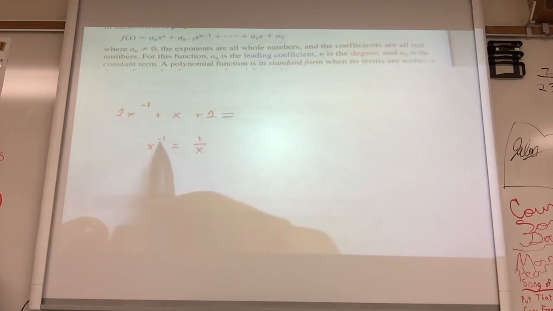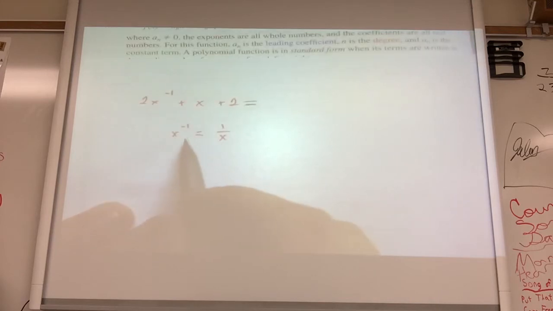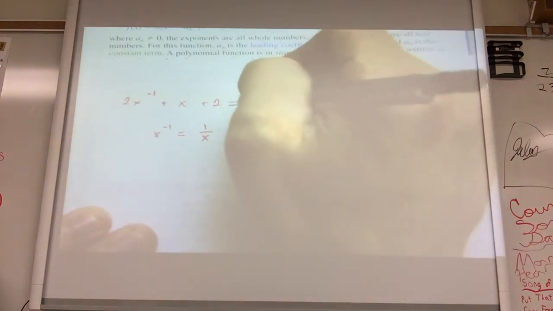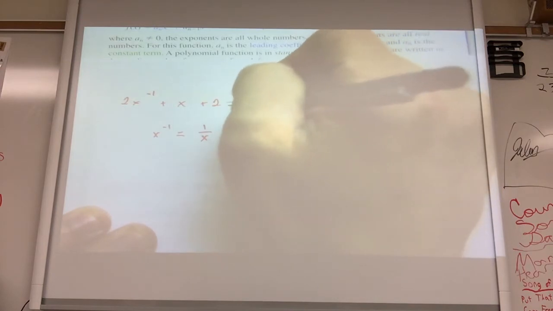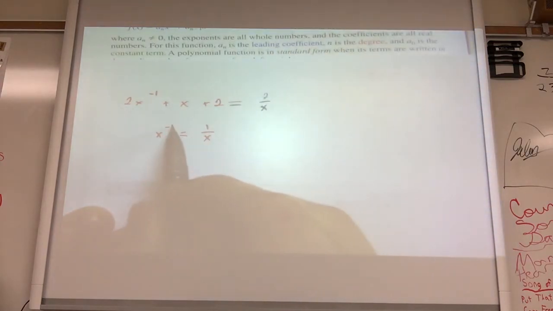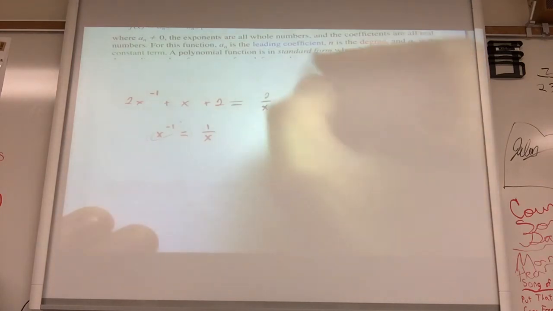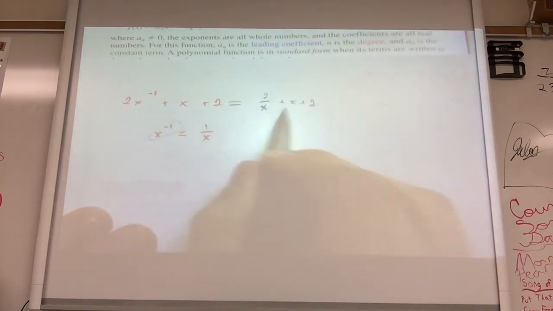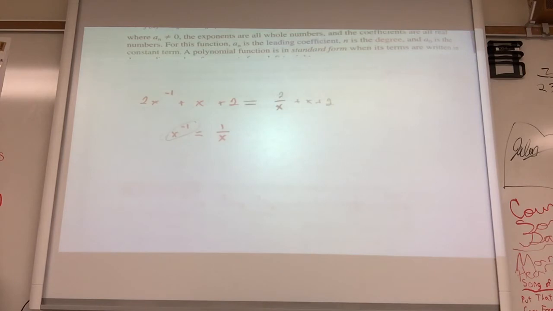So if I have x to the negative 1 here, I can also write it like 2 over x, because notice the x to the negative 1 just drops the x down into the denominator. So if you have fractions, also that's not a polynomial. Plus x plus 2. So that's another example of the same exact equation written a different way.